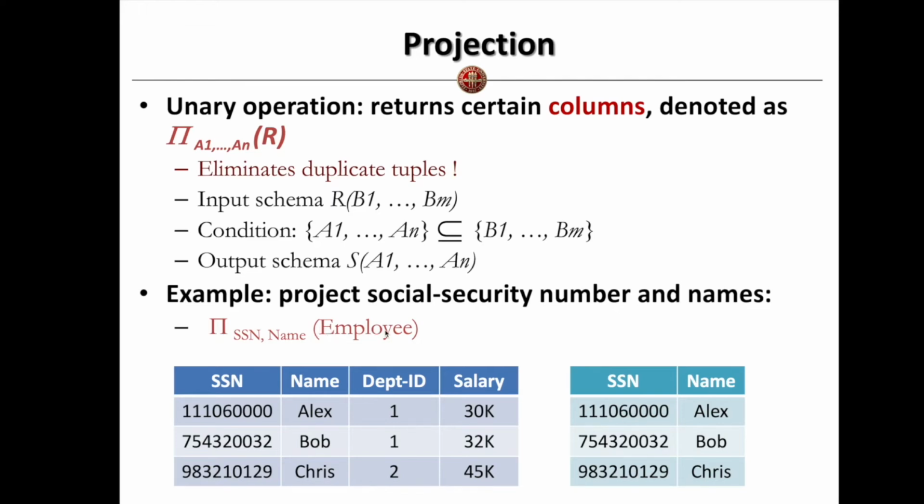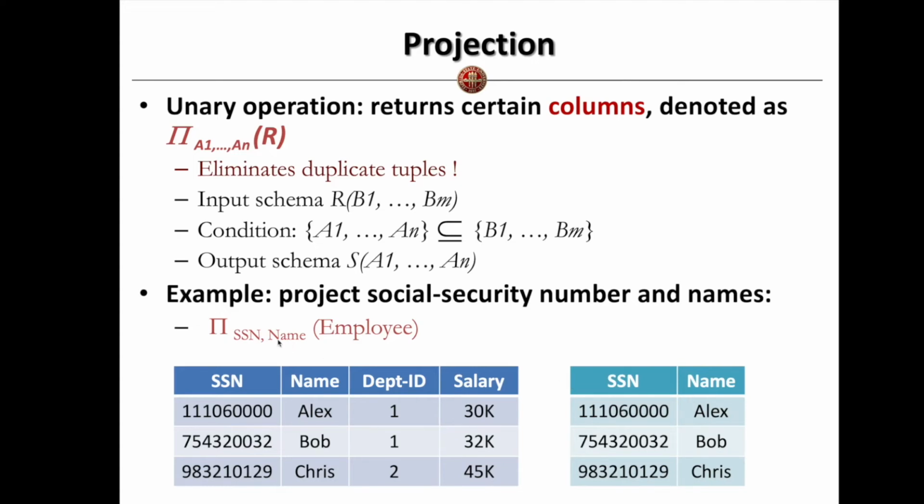So by executing this query on the input relation, we will get a new relation as shown on the right-hand side, right? We mentioned the schema is different because we now have 2 attributes in the output, SSN and name. They are the target attributes as we required, right? So the schema is changed, right?